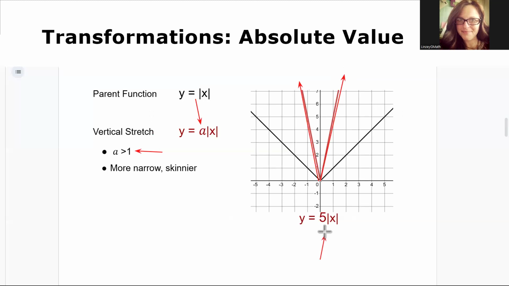For example, 5 times the absolute value of x, we see that our slope is now up 5 to the right 1, or up 5 to the left 1, rather than up 1 and right 1.